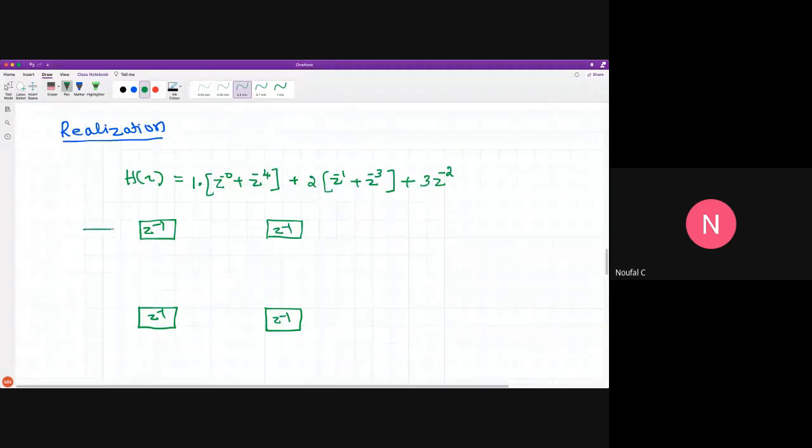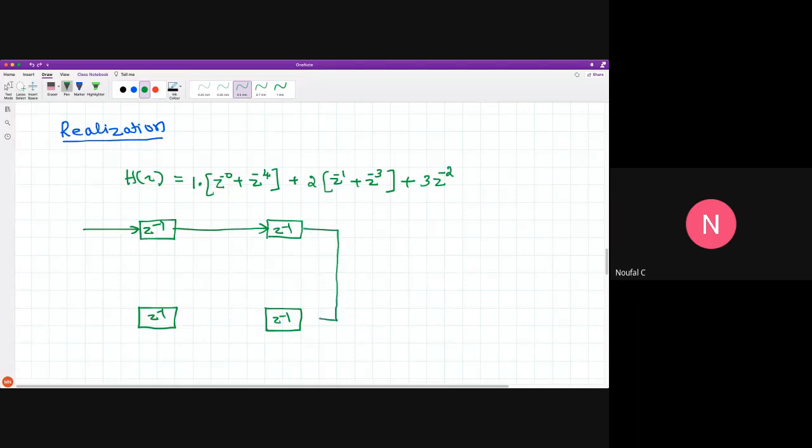So let me draw the lines also. So from here to here, to here, to this point, and somewhere it will be here. Okay. So you have to take z raised to -0 and z raised to -4. z raised to -0 is available at this point, and here you have the x of n. z raised to -4 is available at this point, and you need to add them together. So I am adding them.